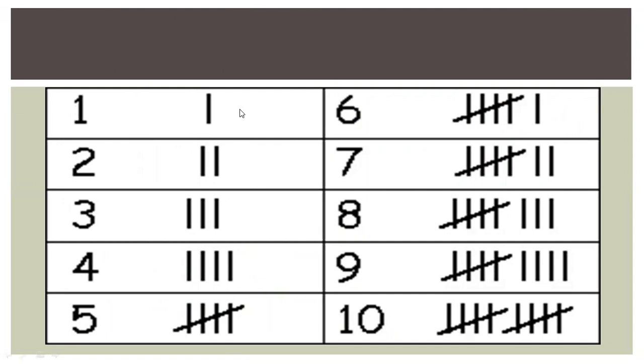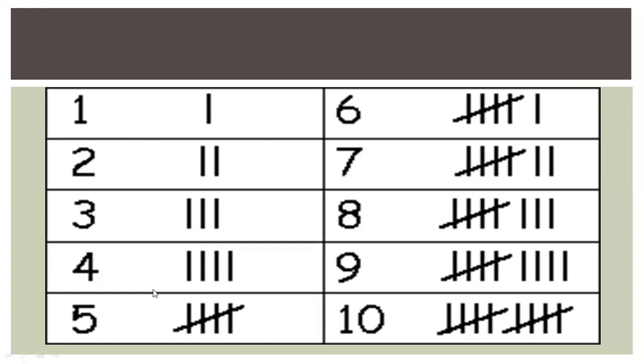So 1, we are going to write with the help of 1 line. 2 with 2 lines. 3 with 3 lines. 4 with 4 lines. And 5. The 5th line is going to intersect the 4 lines every time. You can see 1, 2, 3, 4, and the 5th line is intersecting the four lines. So this is how we can write 5.